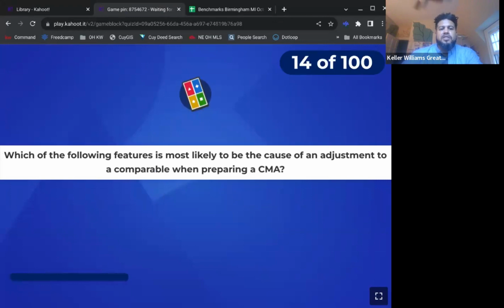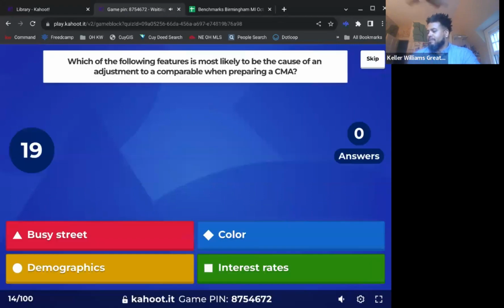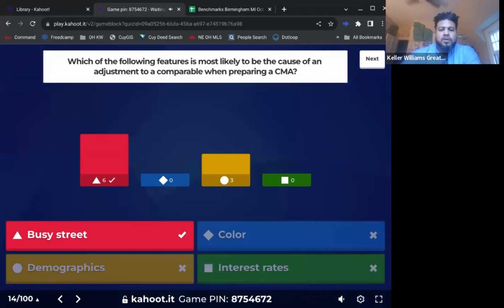Which of the following features is most likely to be the cause of an adjustment to a comparable when preparing a CMA? That's right, busy street.